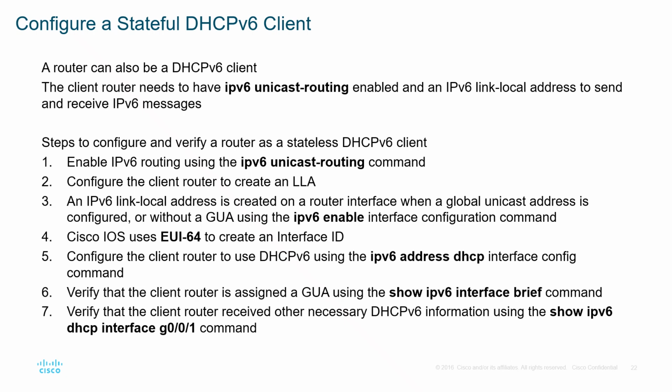Cisco uses EUI-64 to create the remainder of the ID. Then you configure the client router to use DHCP with the ipv6 address dhcp interface command. Verify it with your show ipv6 interface brief. Verify that the client received other information using the show ipv6 dhcp interface G0/0/1 command.